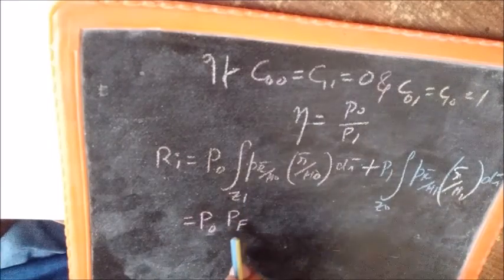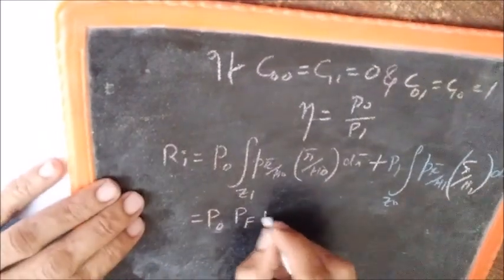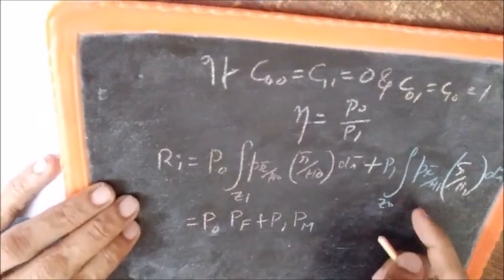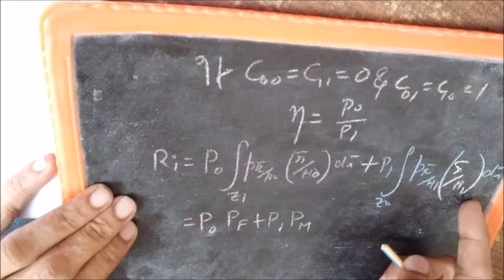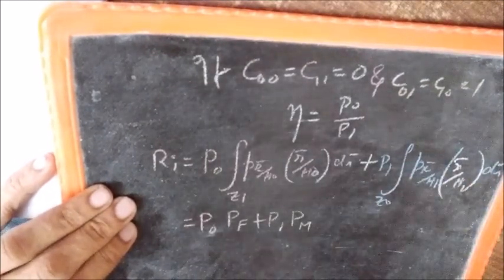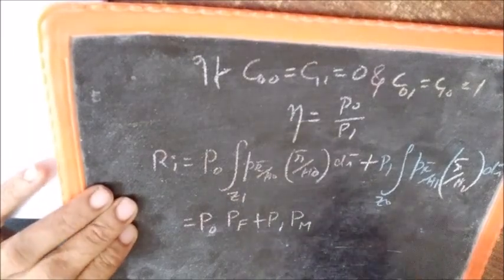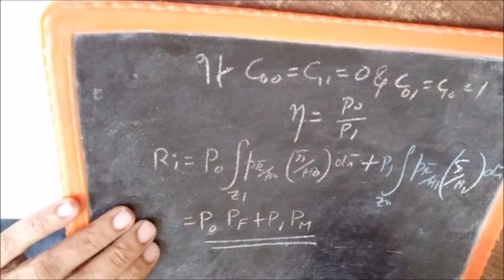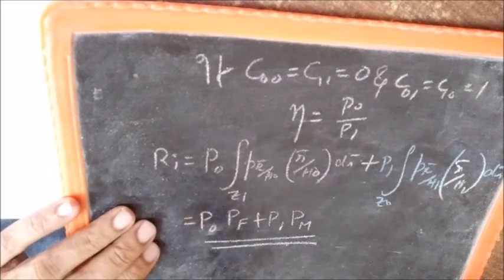That is the probability of a false alarm, plus P1 into the probability of a miss, because this is a miss. When H1 is the true hypothesis, you are calculating the probability of landing in the region reserved for H0 in the observation space. So this is the cost, the risk involved.